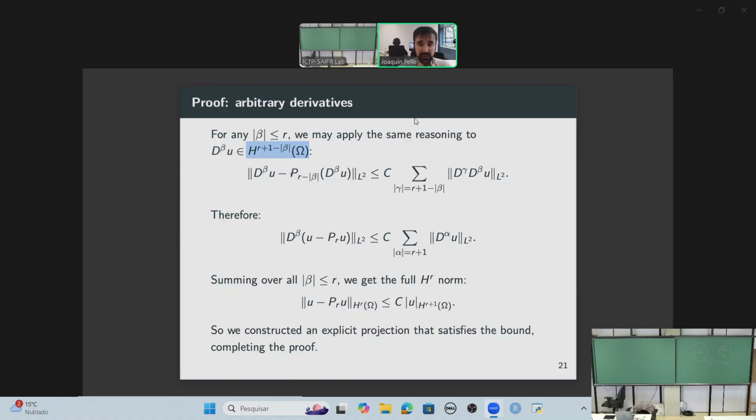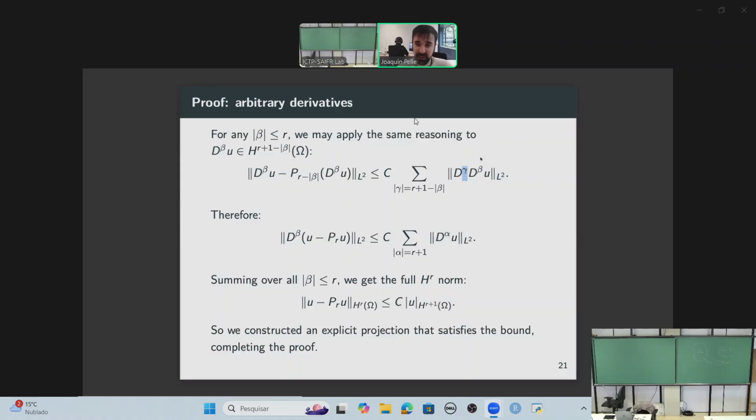And essentially, if we apply the result before, we can bound the norm of the derivative minus its projection onto the polynomial space by this constant C. And now the derivatives here of order r plus 1 minus the order of beta, where this is the gamma here.